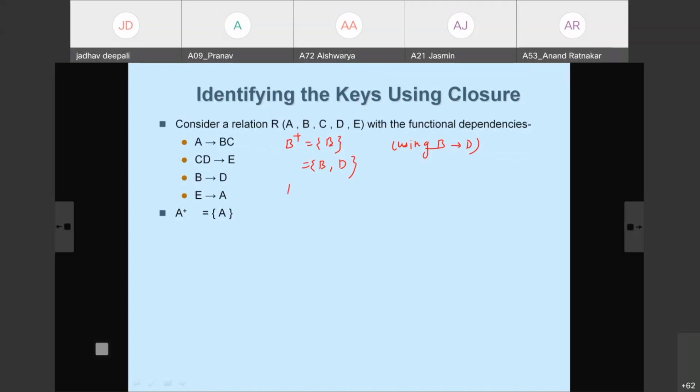Similarly, try to calculate E closure. On the left hand side, we try for all determinants. So E closure, first E comes into the result.